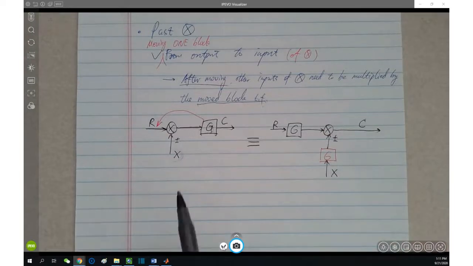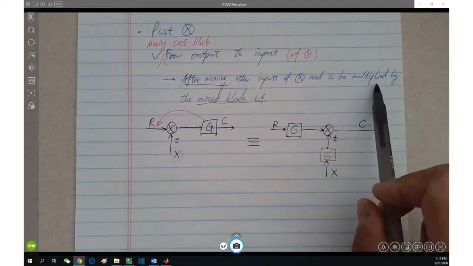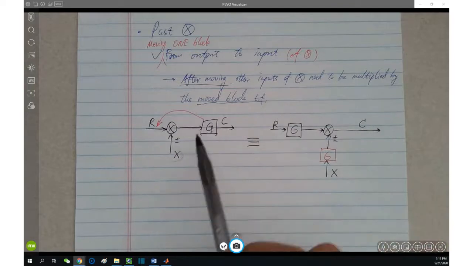Now take a look at the left-hand side and the right-hand side, they're equal. They're equivalent. The other input of the summing junction, which is X, needs to be multiplied by the moved block, which is G. And here we go.